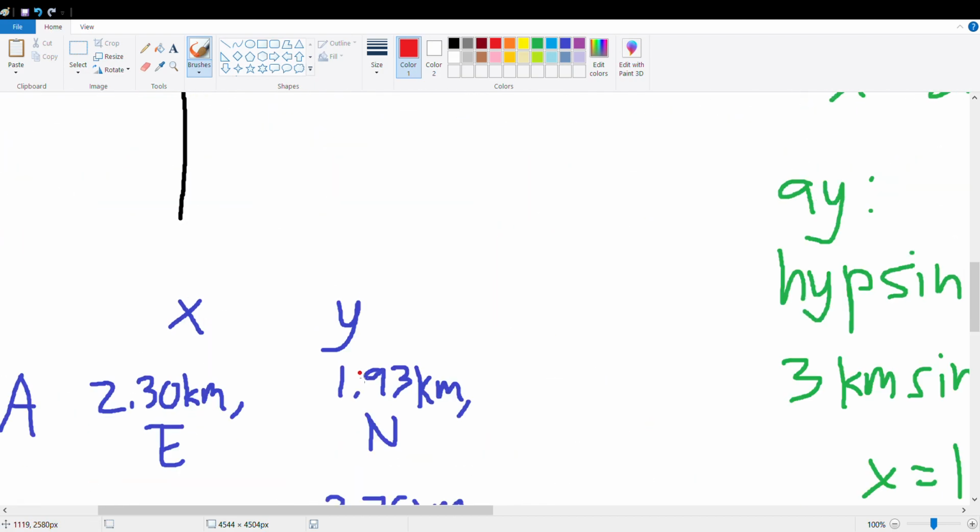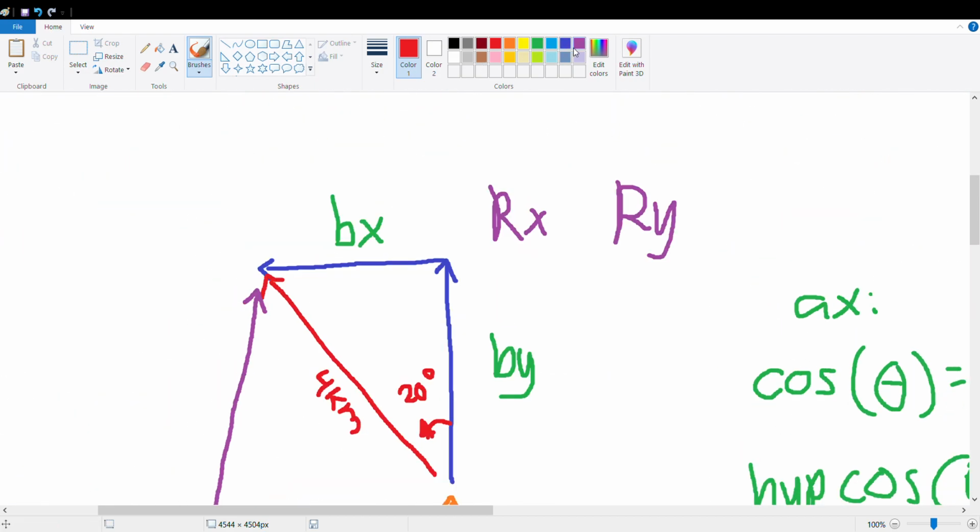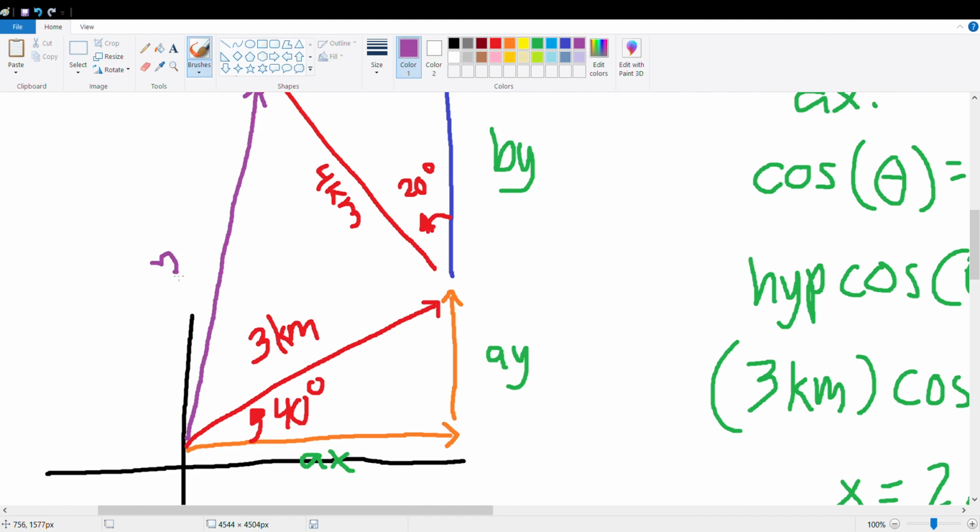Alright, now that we know the resultant vector is 5.77 kilometers, we don't know the angle where it's going.